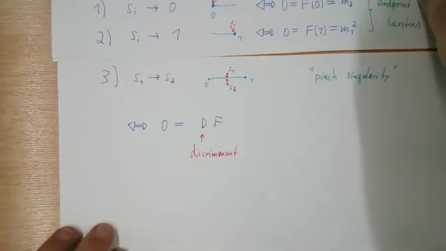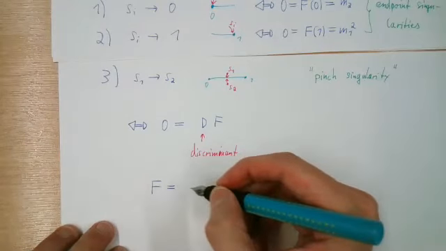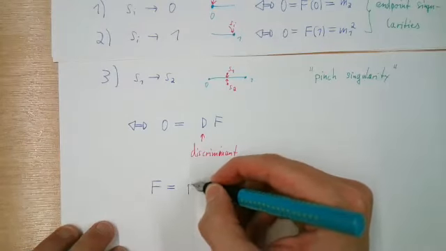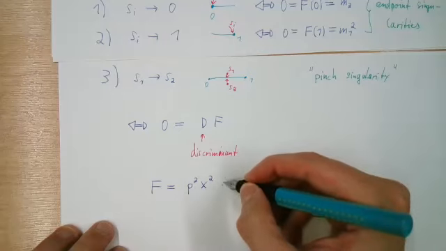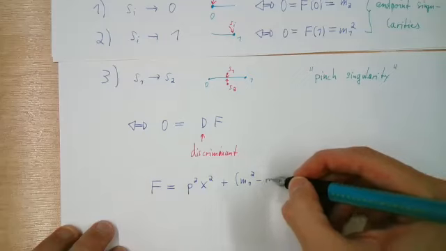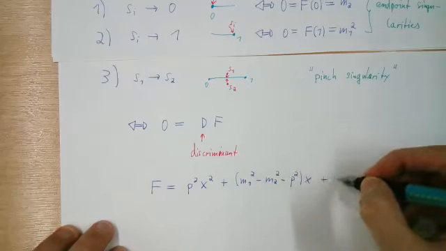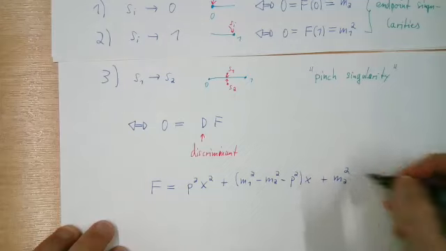I mean, you all know this very well, of course. This is a quadratic polynomial, so let me just write it out. So if you expand it in x, it has this form, p squared x squared. If you collect all the linear terms, you get m1 squared minus m2 squared minus p squared. And then you have a constant term, right?